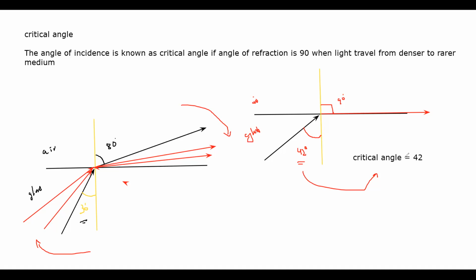What will happen if we increase the angle more? Like if I draw a simple figure, you have 4 different figures in which the light strikes the boundary. In all the cases, the light is moving from water to air or glass to air, meaning moving from high density to low density.